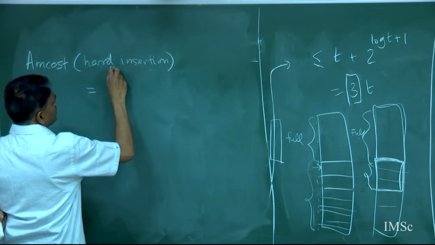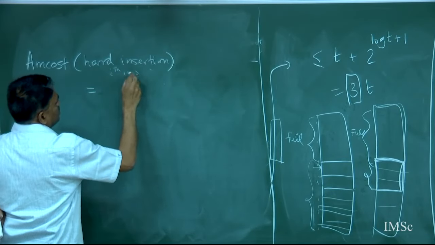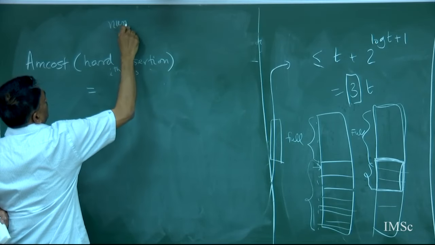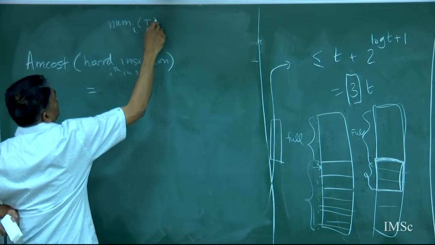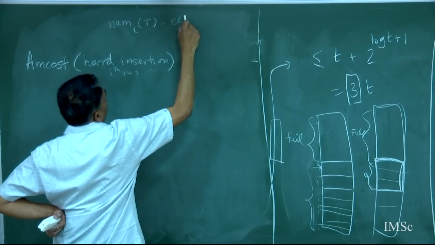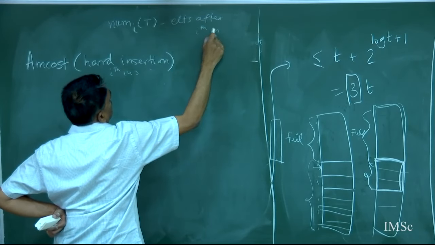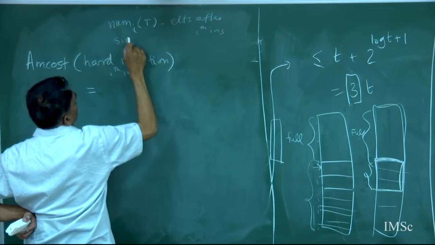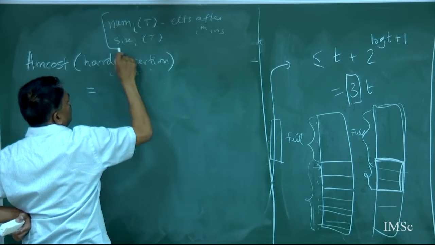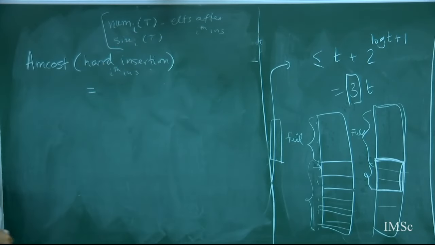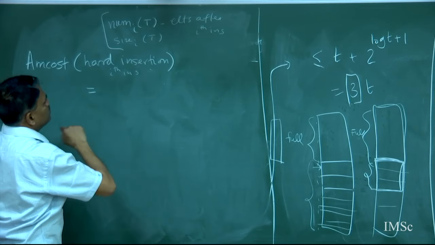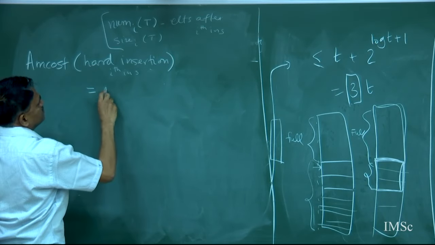I will use num_i, the number of elements after the ith insertion, and similarly size_i, and the before would be i minus 1.